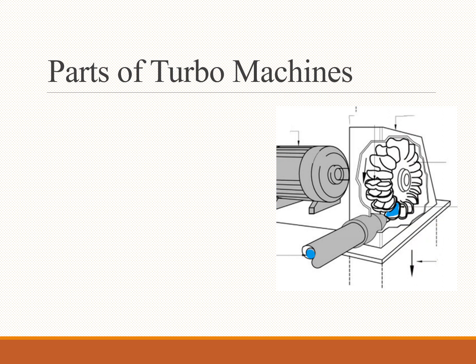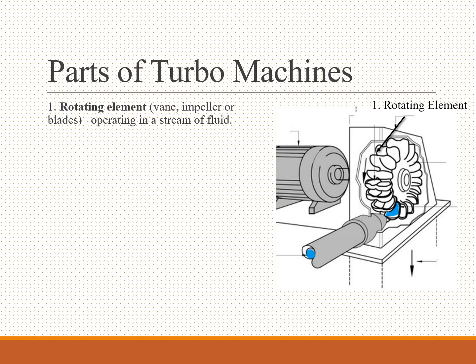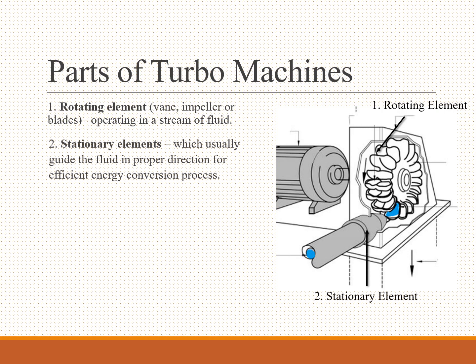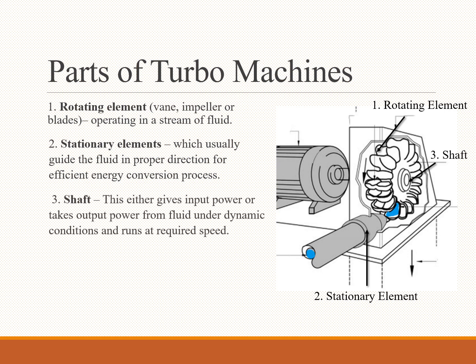So what are the parts of turbo machines? Here we can see the first one is a rotating element like a vane, impeller or blades operating in a steam or fluid. Second is a stationary element, which usually guides the fluid in the proper direction for efficient energy conversion. Third one is a shaft.